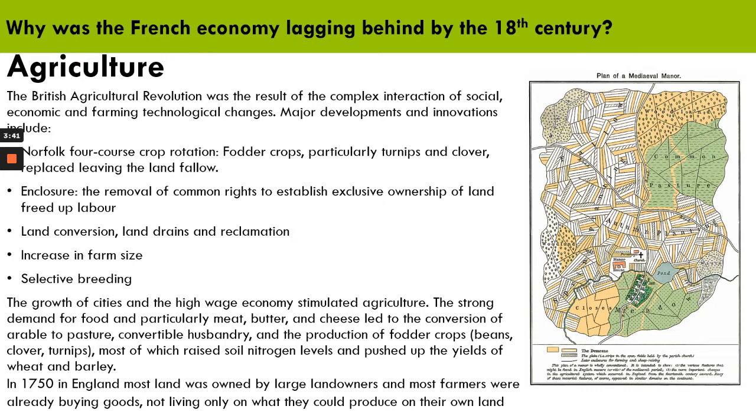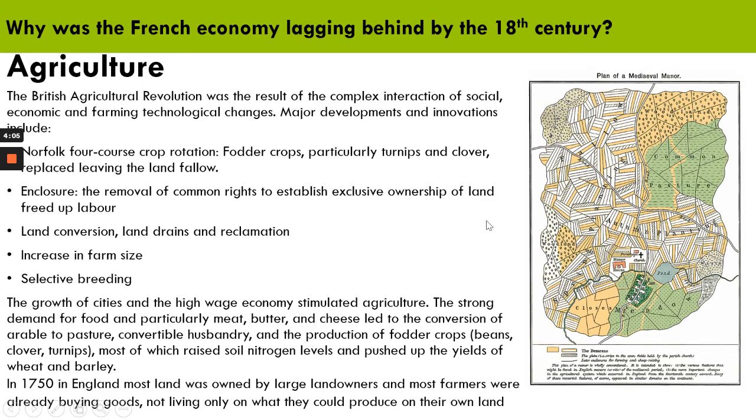Now this was also accompanied by enclosure. You can see on this picture, on the right hand side, that you've got common land and pasture land. Enclosure, which happened in Britain in the 17th and 18th centuries, also meant that common land that the peasants had rights to was taken, and this was all amalgamated into larger farms.